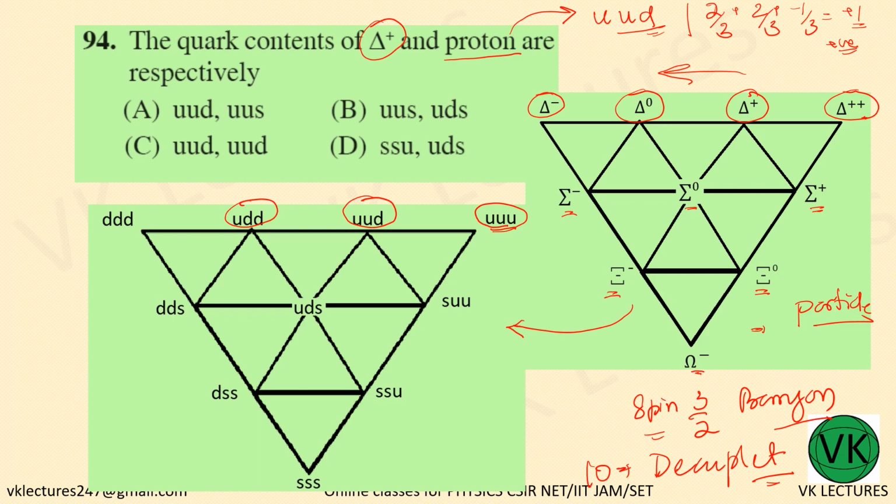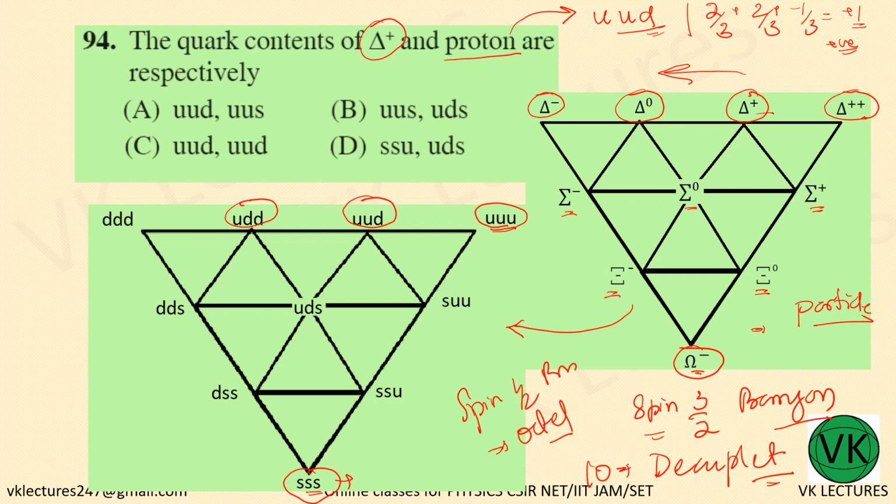Now spin 1 by 2 baryons are arranged in an octet. Now you can see omega minus is triple S. All are strange particles. Your question needs delta plus.